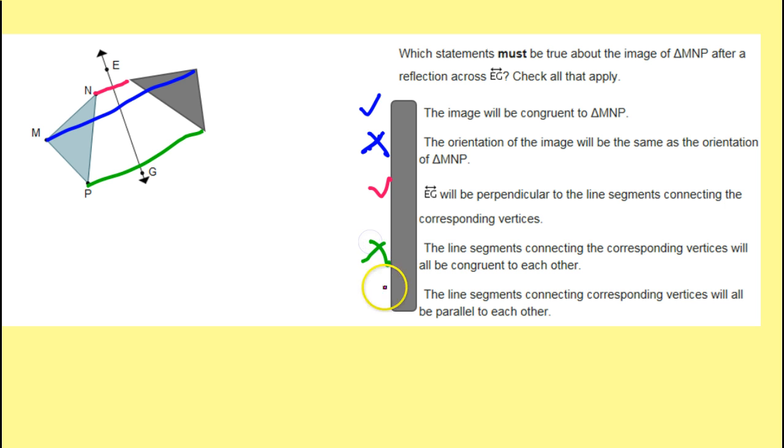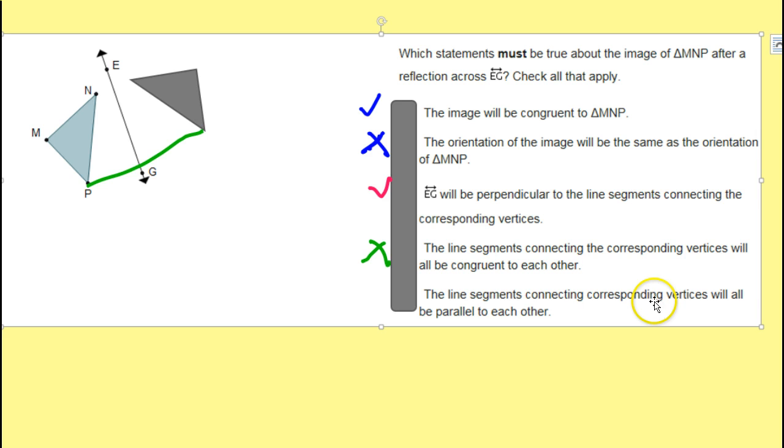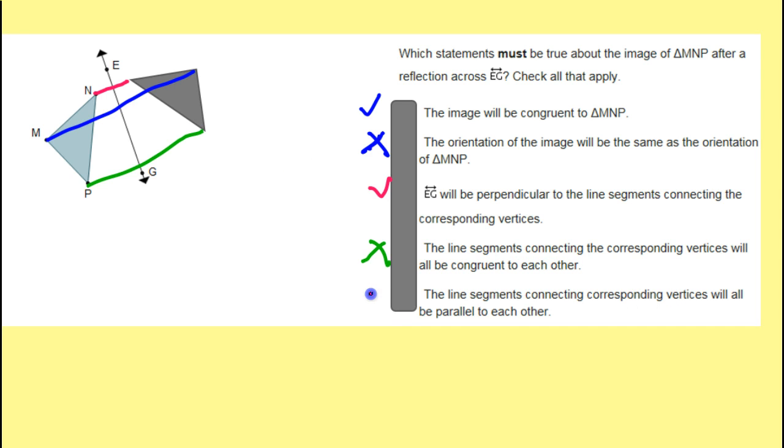Next, the line segments connecting the corresponding vertices will all be parallel to one another. Let's see if I can bring those back. Boom, boom, boom. That's a yes. These line segments connecting corresponding vertices are all perpendicular to the reflecting line and parallel to one another. So that's true.